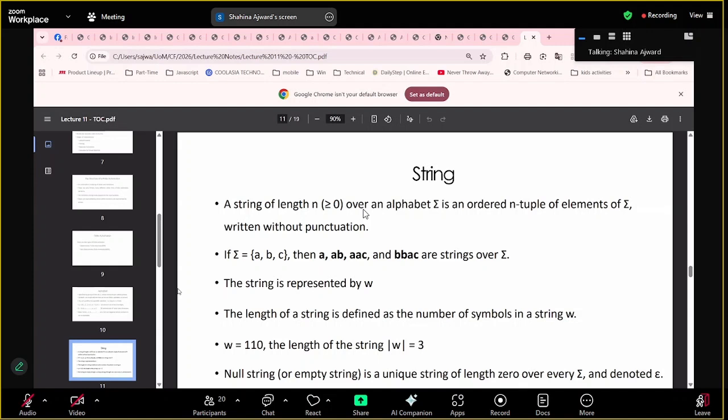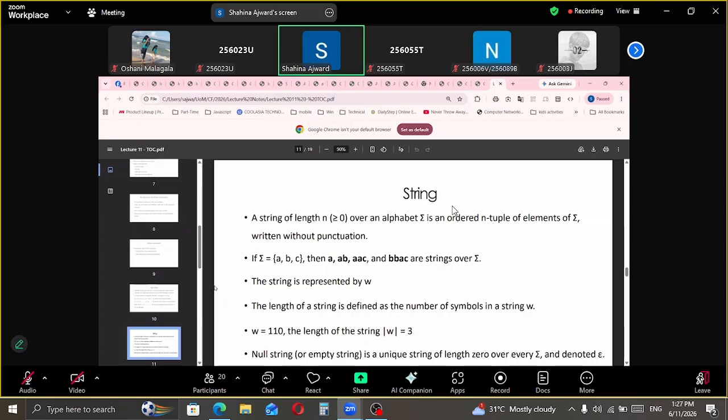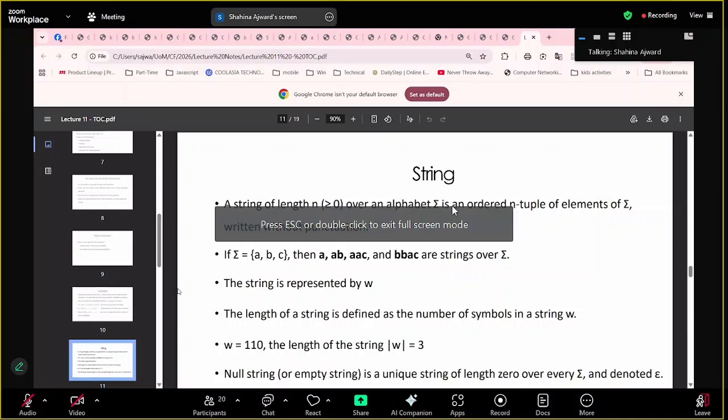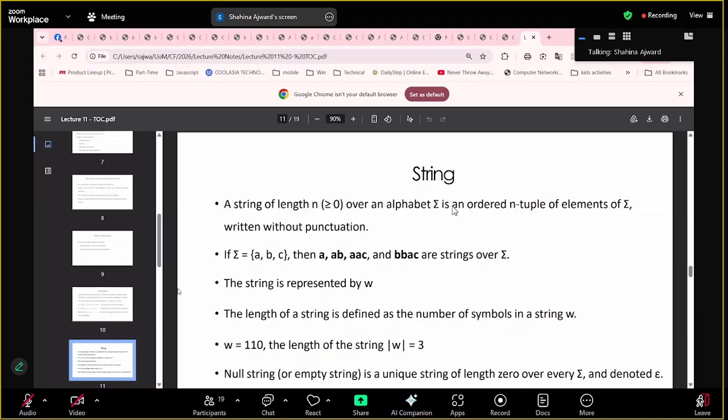In natural languages, even though some languages have the same alphabet, their words are different. They use different words. Some words are valid in one language, maybe not valid in another language. Here we call them strings, right?